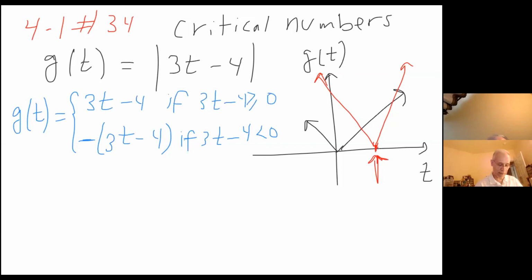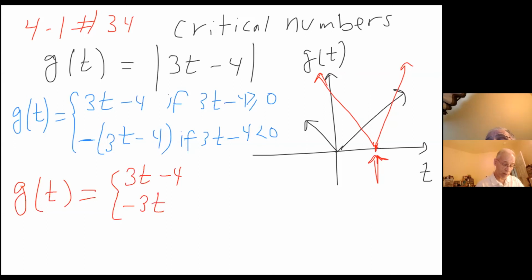So what does that mean? That means that g of t equals 3t minus 4 and minus 3t plus 4. This one if 3t minus 4 is greater than or equal to 0, and this one if 3t minus 4 is smaller than 0.